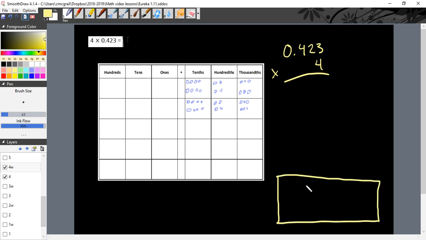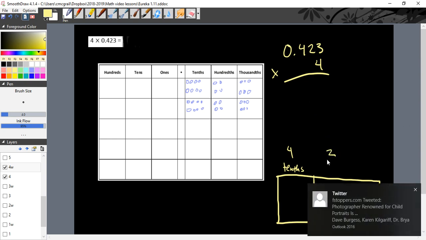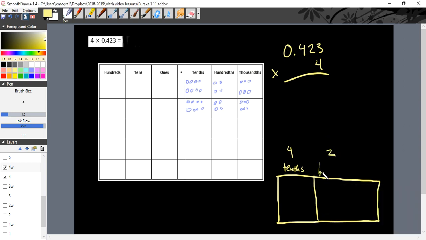And same thing, let's set up 4 tenths. Let's set up 2 hundredths. And let's set up 3 thousandths. And we're multiplying all of these numbers by 4.